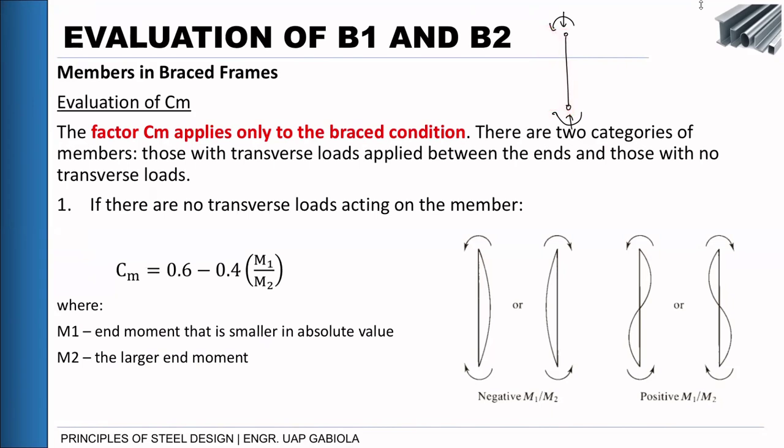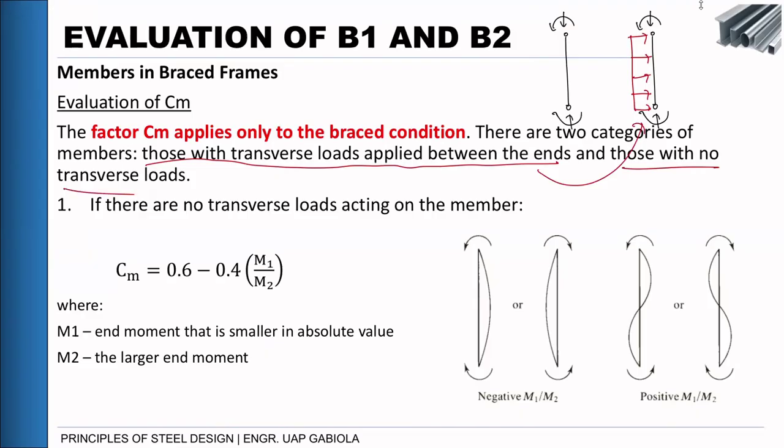Unlike halimbawa, you have transverse load, yung section natin. Then, those with applied transverse load, so pwedeng yan, may uniformly distributed load siya dito. Okay, so those with transverse load applied between the ends, so ito yun.